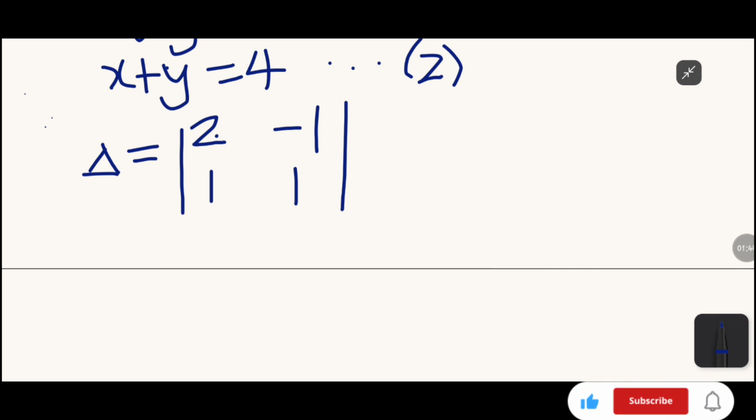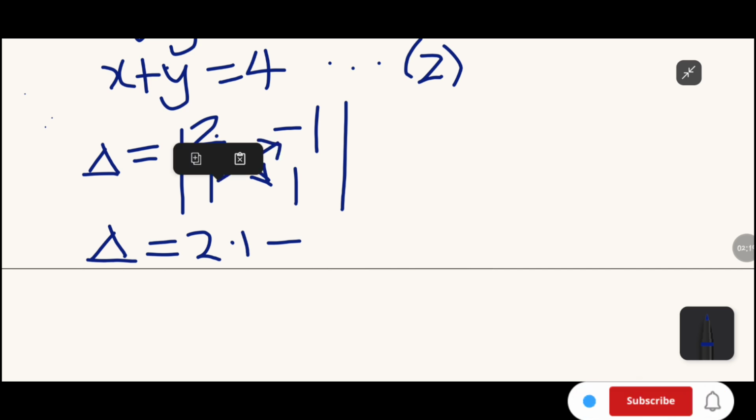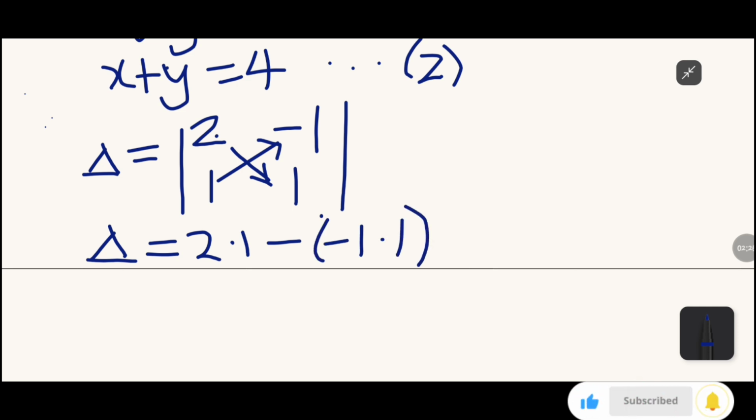So now let's find the determinant. In solving a 2 by 2 determinant, you multiply the diagonals. So we have 2 times 1 minus, we now multiply the other diagonal, minus 1 times 1.